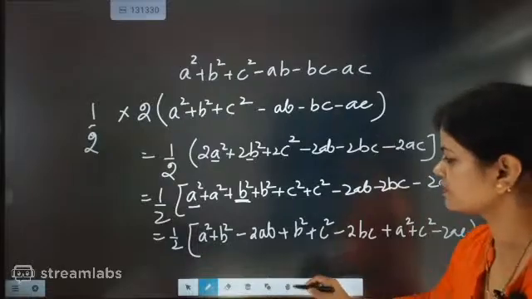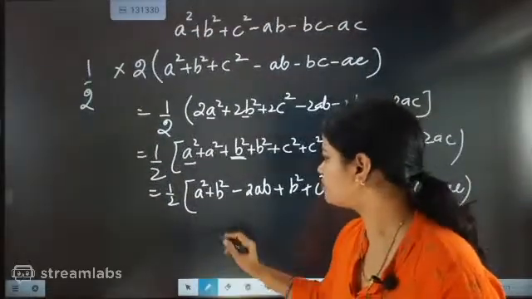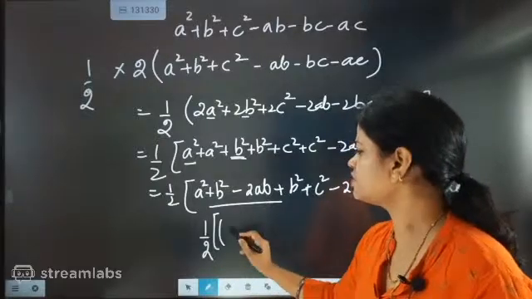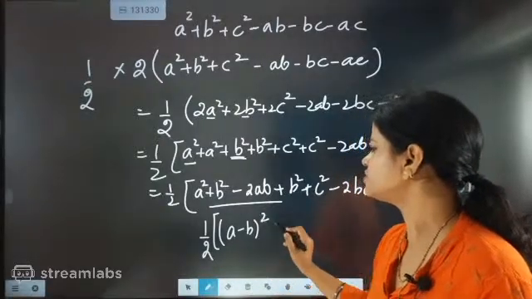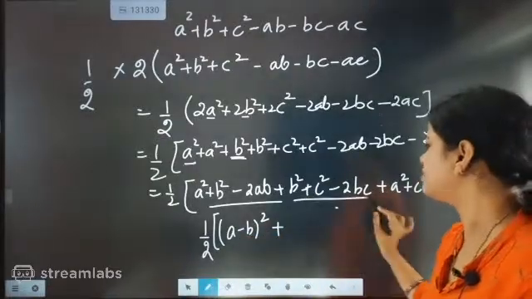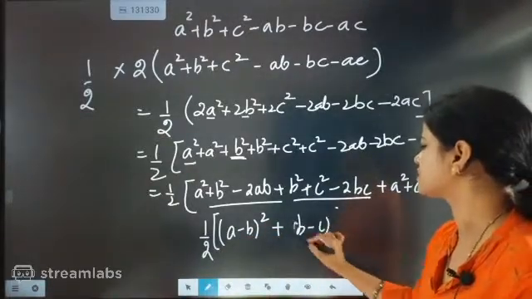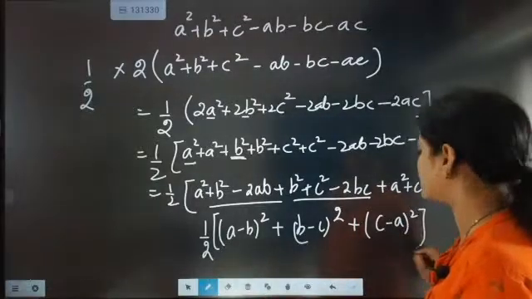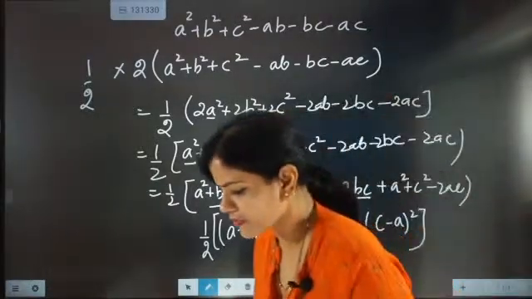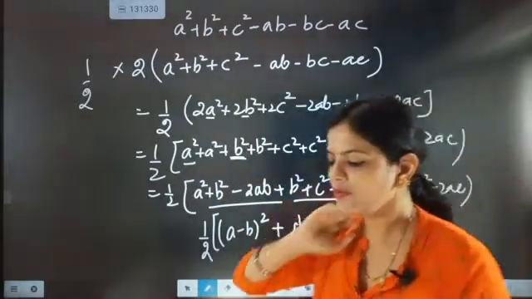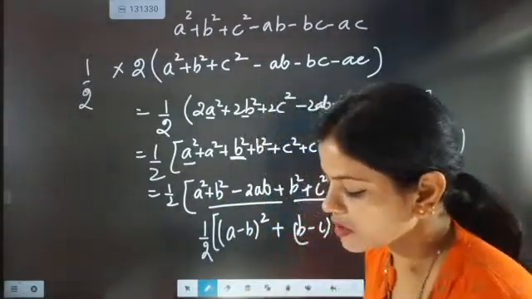So half stays outside, and this part is going to be a minus b whole square, b minus c whole square, and then c minus a whole square. I hope you might have understood this one.